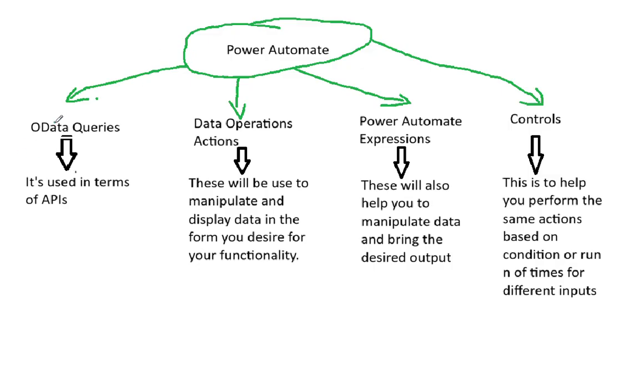So wherever you have a data set, for example, a data source in Dataverse or SQL or SharePoint or any data source that you have, if it is referenced through an API, then OData query is a very good means to handle the data set.